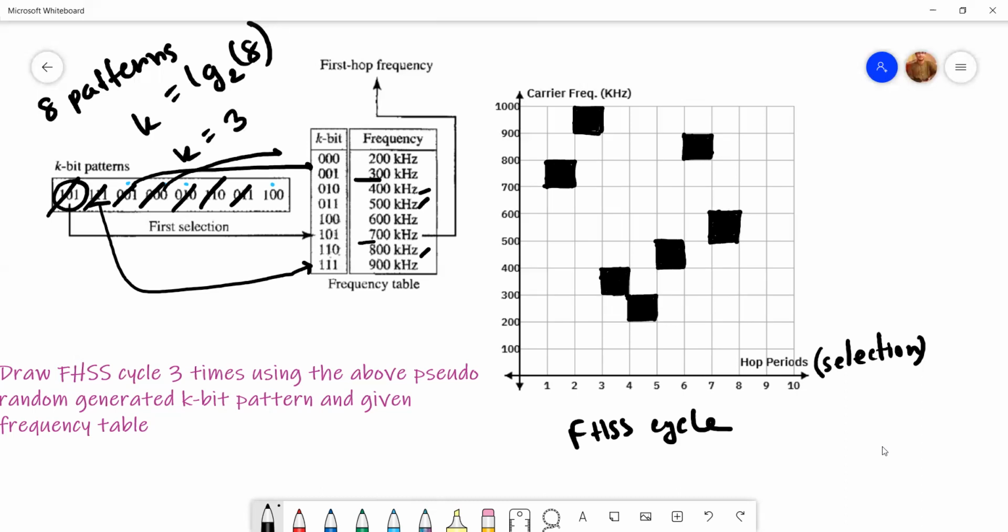And the last one, the eighth selection, is going to be 100. So 100 is on the 600. For the eighth part, this is going to be a 600.